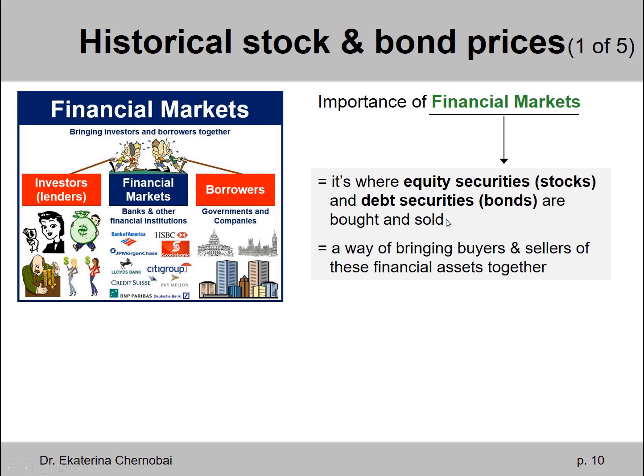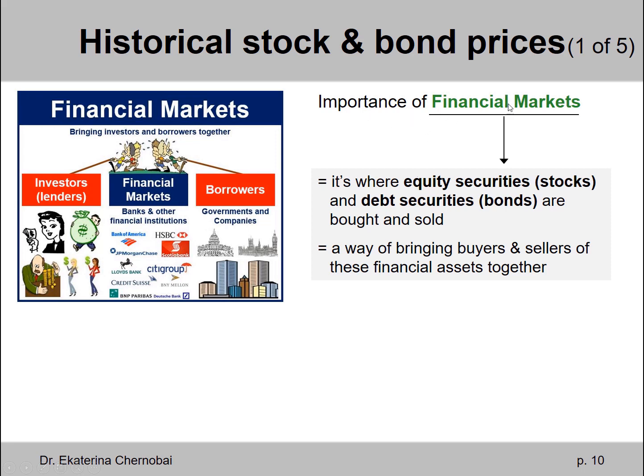So who sells them? Companies. Also, governments can sell debt securities or bonds. Who buys stocks and bonds? Anybody you can think of. Investors, people like us, other companies, other governments, investors and governments and companies in other countries, and so on.